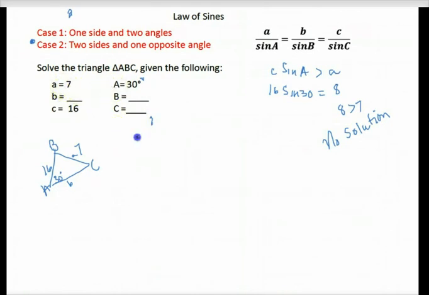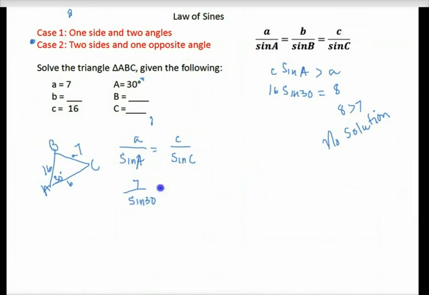Now if you decide not to use the test, we can go ahead and use the law of sines. Again, we're given a and angle A. We have those 2 pieces, so I know I want to use those. And I'll have to start by finding angle C because I'm given c. I put in my information.